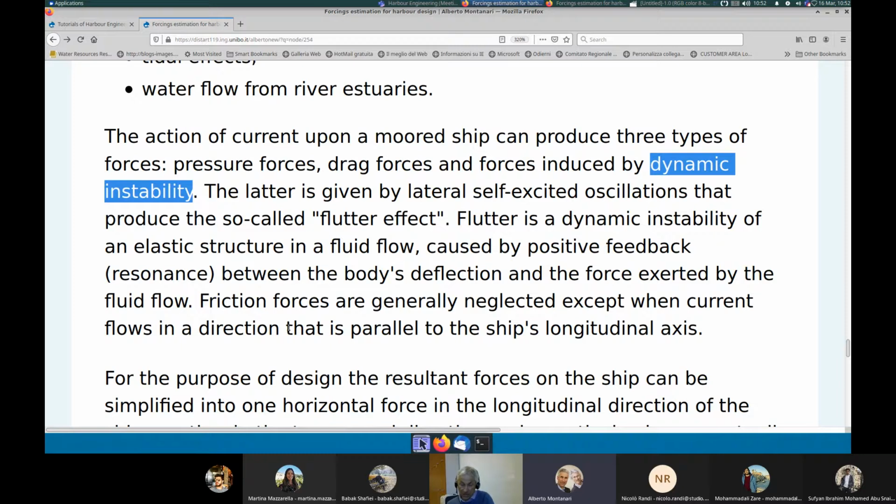so there is limited area of the ship perpendicular to the direction of the current, and thus limited pressure, but there is a long side of the ship, a large area in the longitudinal direction affected by friction. And so this is one case where the friction force may be influential, important with respect to the pressure. In the other cases, usually it's the pressure that matters.